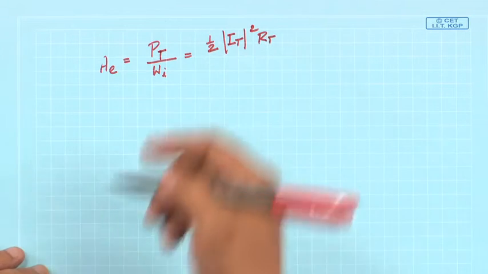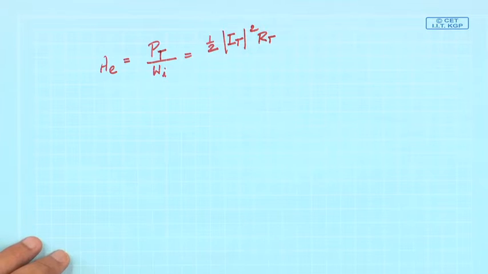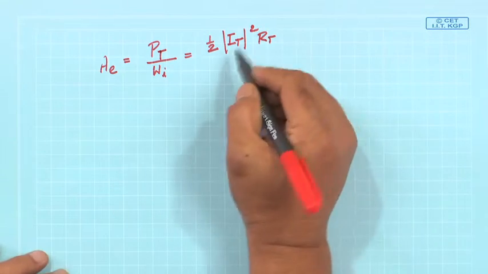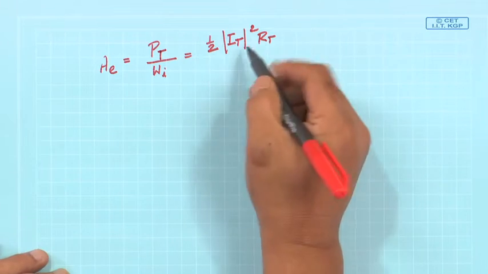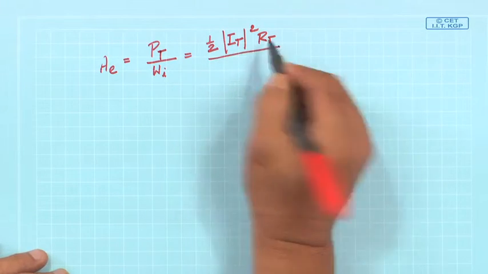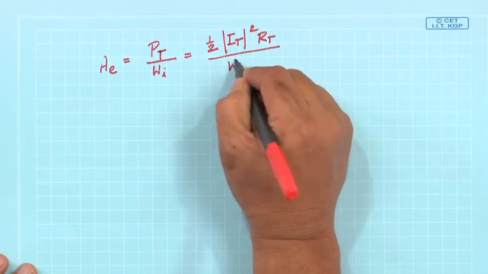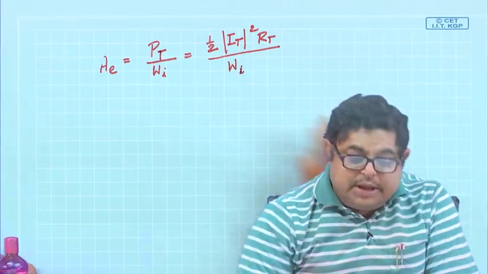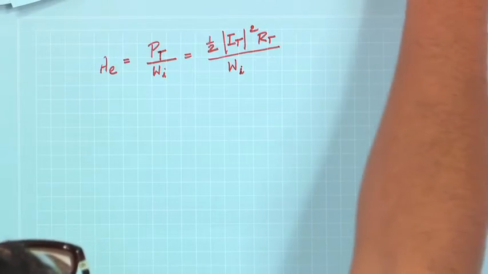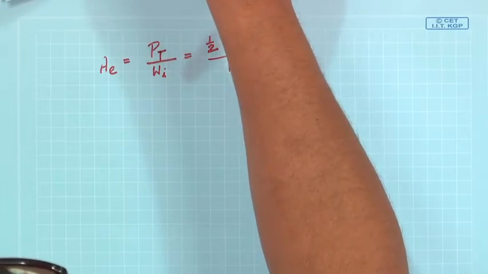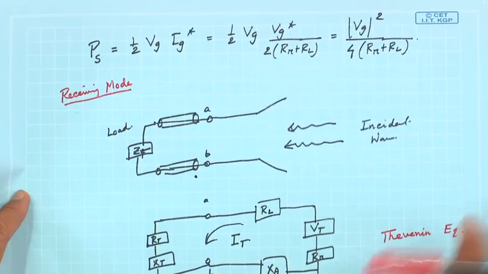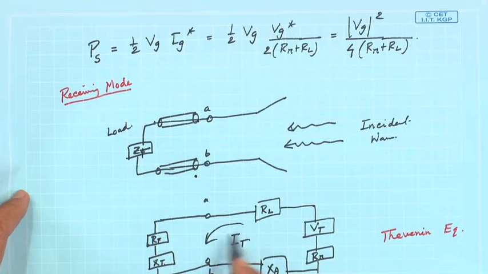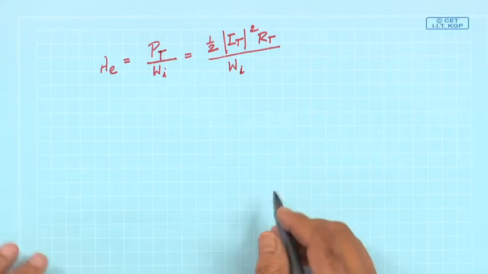This IT we have seen in the case of input impedance: in the receiving mode, in the Thevenin equivalent circuit, this is the current that is flowing. This is the Thevenin circuit with RT and XT. How much will be the power in the load, we can calculate from here: half IT mod square into RT. That is what I am writing.